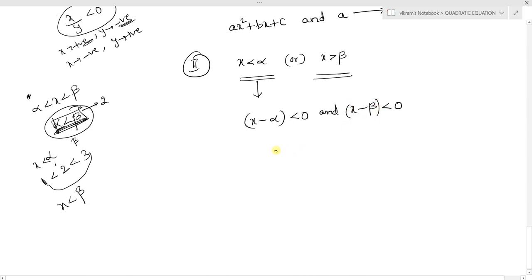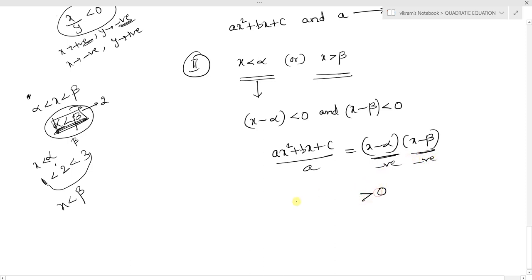Then what happens over here? ax square plus bx plus c by a equals x minus alpha into x minus beta. So this one is negative, less than 0, and this one is also negative. So the resultant is positive, greater than 0. ax square plus bx plus c by a is greater than 0.